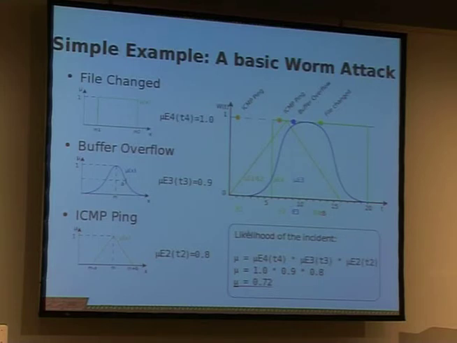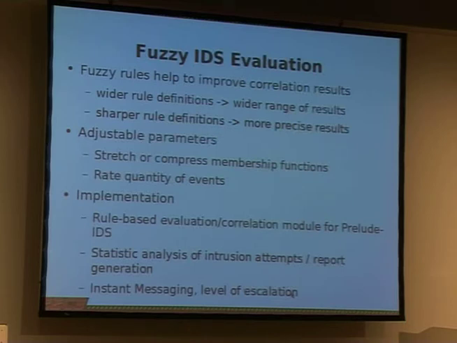And as you can see in this box, we can use multiplication again and get the final result 0.72. This value could be interpreted as a kind of risk level. So using those fuzzy rules can help to improve the correlation results.